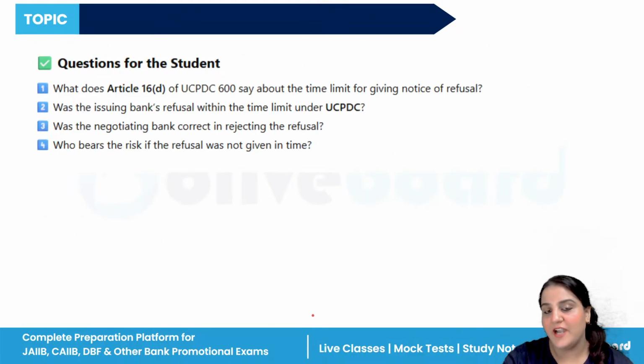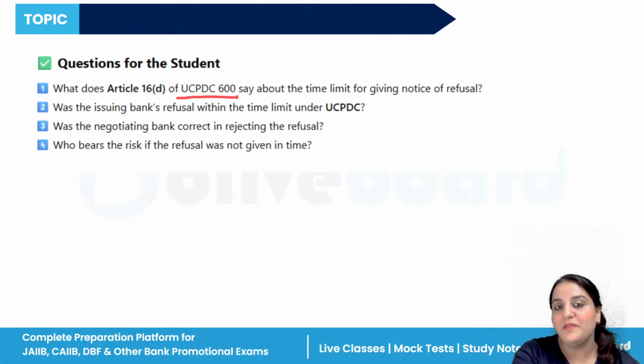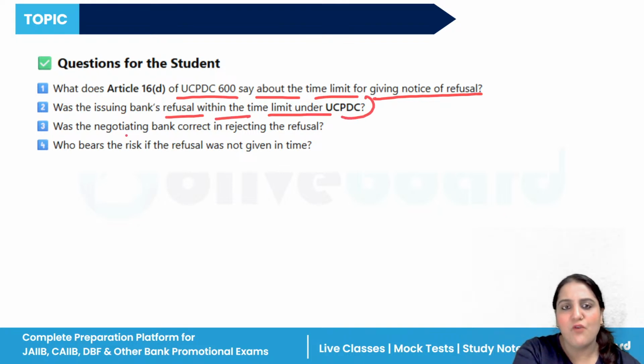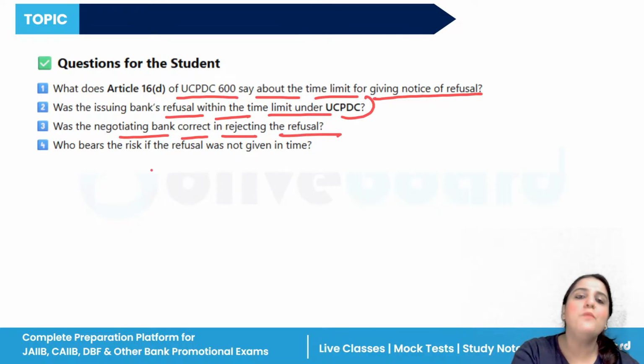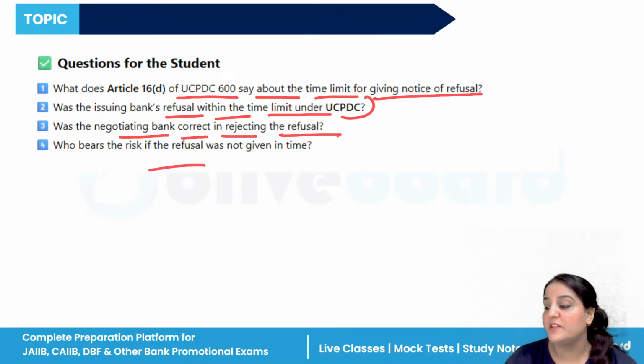So what does Article 16D of UCP 600 say about the time limit for giving notice of refusal? Was the issuing bank's refusal within the time limit under the UCPDC? Was the negotiating bank correct in rejecting the refusal? Who bears the risk if the refusal was not given in time?